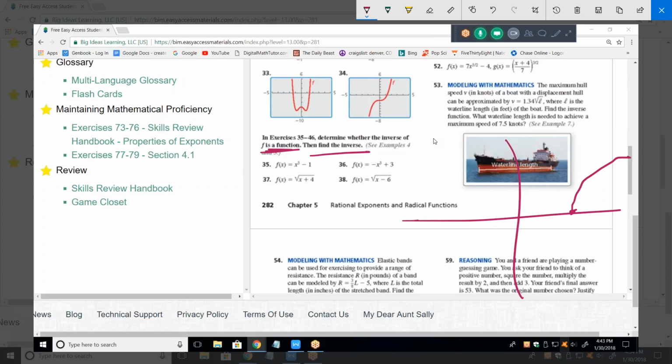So y equals the square root of x minus 6. Okay. And then x equals the square root of y minus 6. Okay.